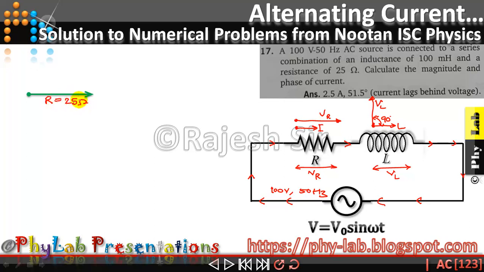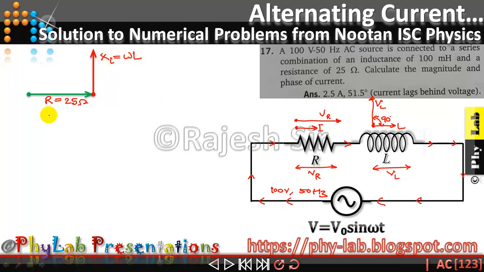Now similarly, since the voltage lies along the positive y-axis, I am going to draw the reactance part along the positive y-axis, and it has a value of XL equals omega L. This part represents the reactance part of the circuit.